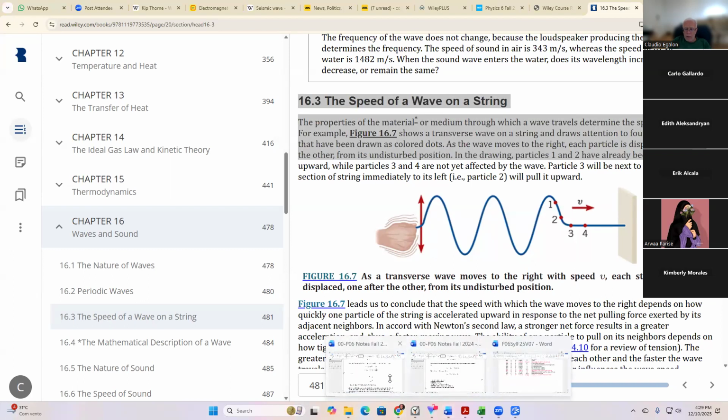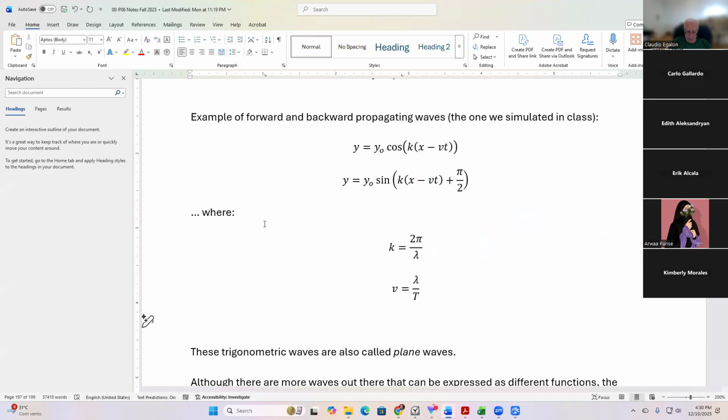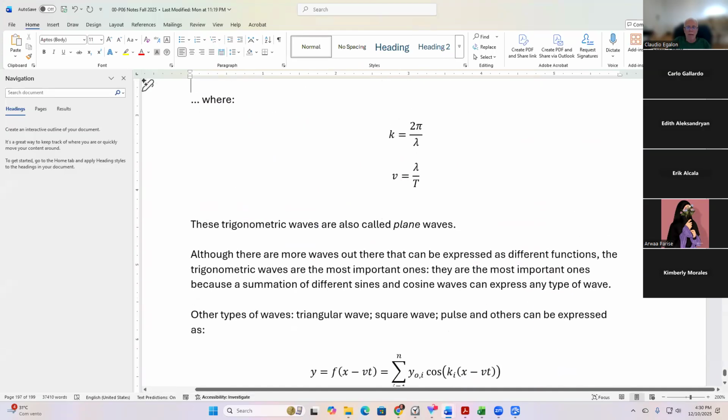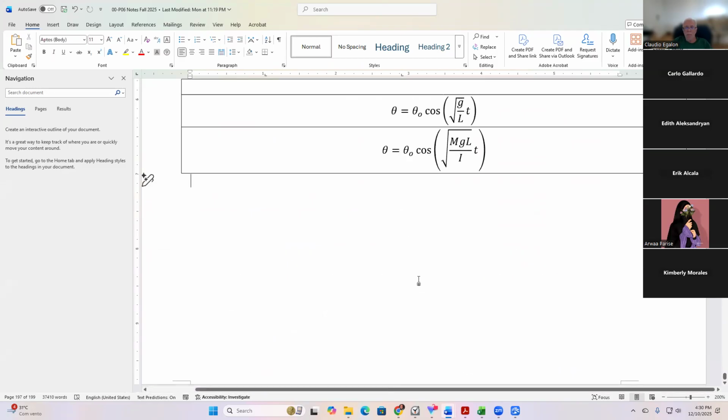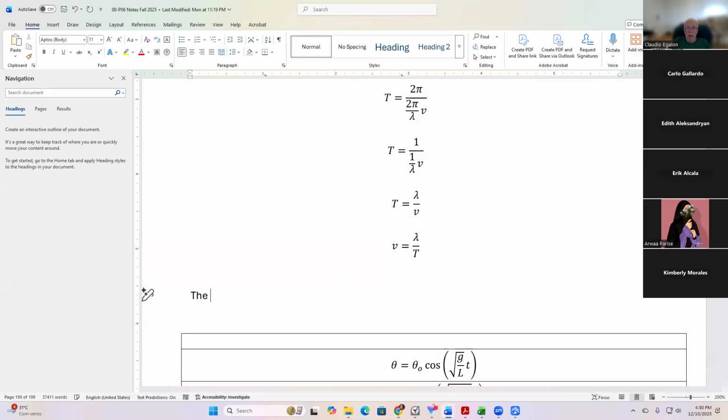The relation that you see above for the speed of a wave is the generic relation.